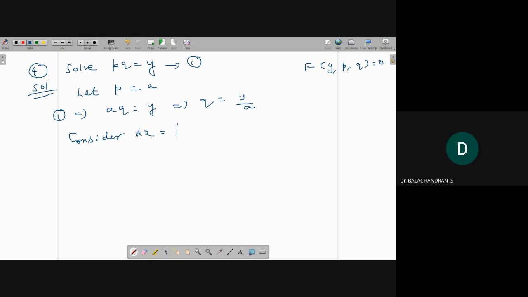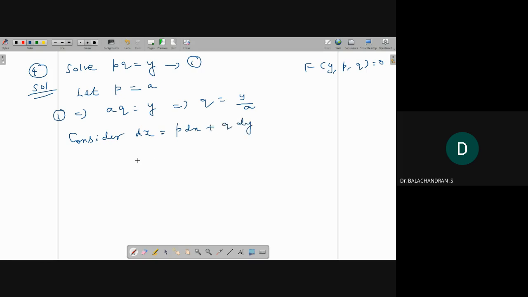Similarly, for the previous method, I took q equal to a. So these are the assumptions we should take. But for why we should take them, we will discuss that part a little bit later. So consider dz equal to p dx plus q dy.